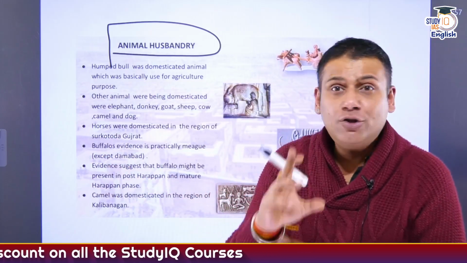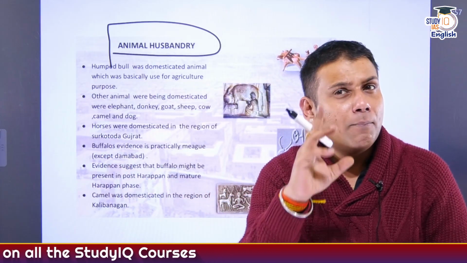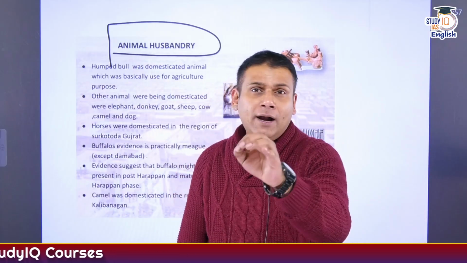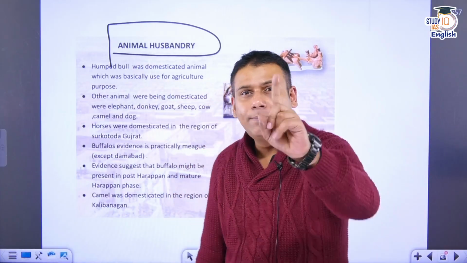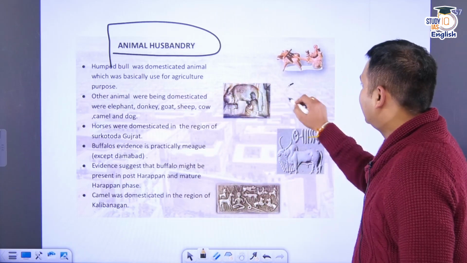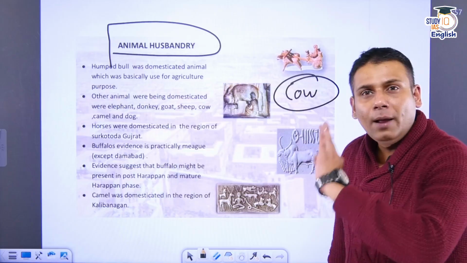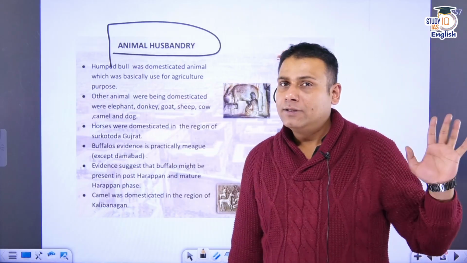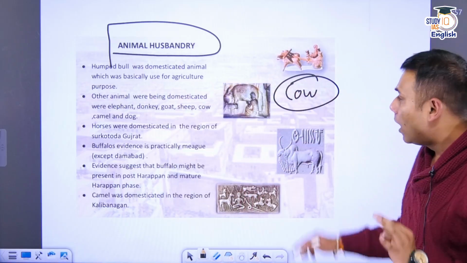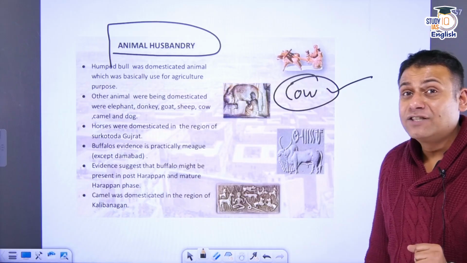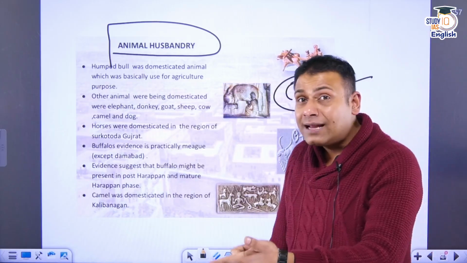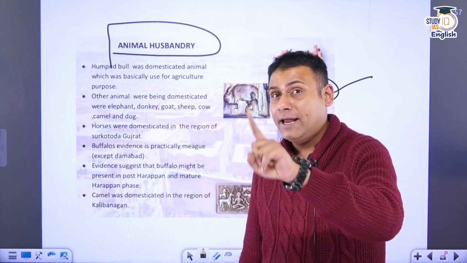One point needs to be remembered, and it is a very important point. Various animals are depicted on Indus Valley seals, except one animal, the cow. Cow is not depicted on Indus Valley seals. I repeat, the cow is not depicted on Indus Valley seals. It doesn't mean the cow was not being domesticated.